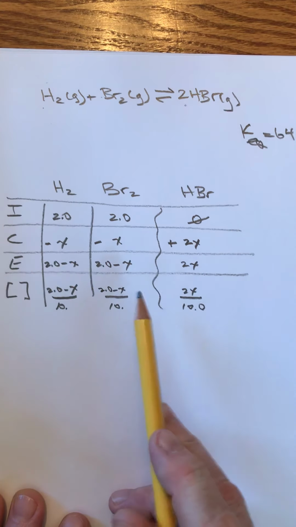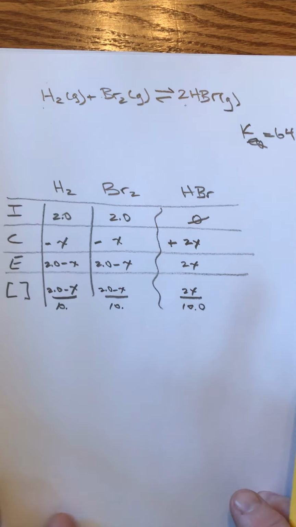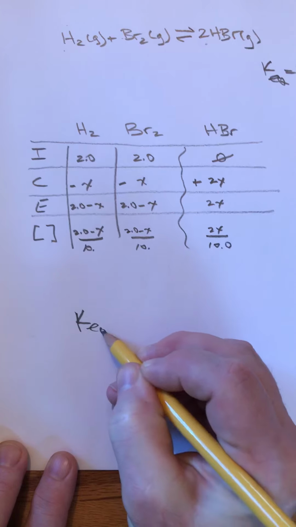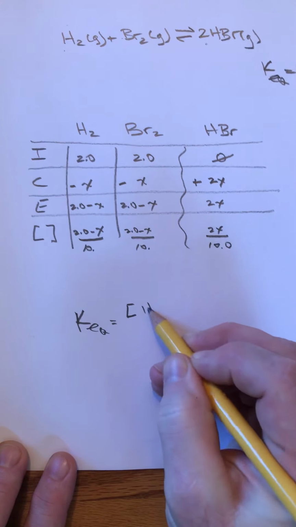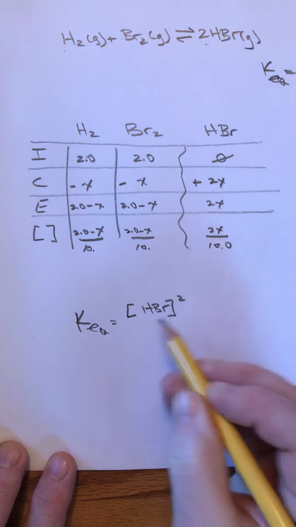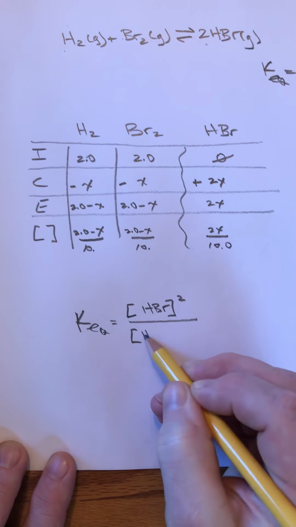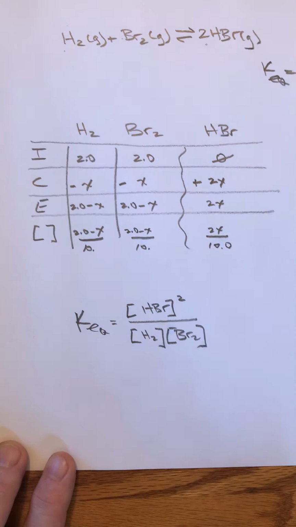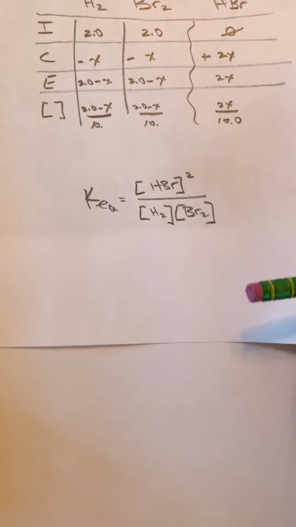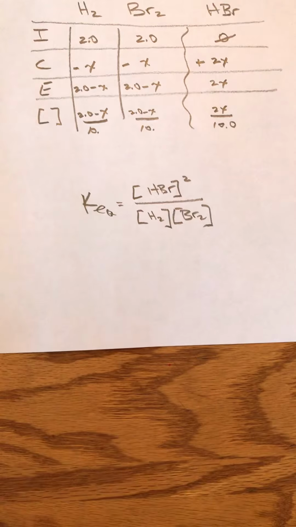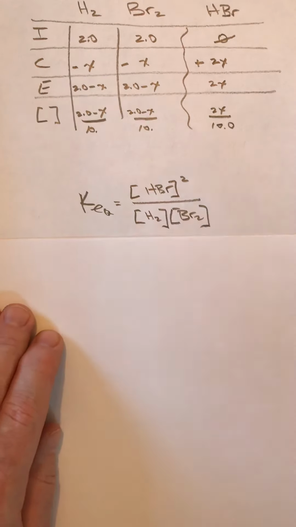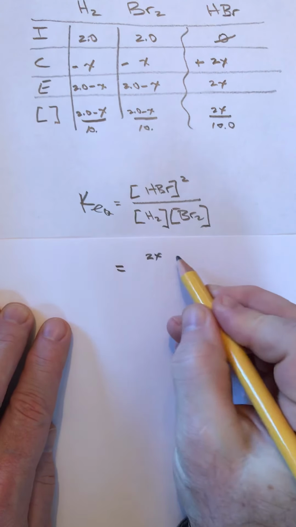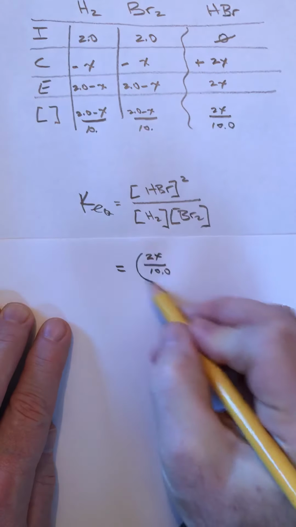Alright, well, I have algebraic representations for the equilibrium concentrations, and I could say KEQ is equal to HBr squared over H2 times Br2. Well, HBr was 2x over 10, and I'm going to square that.